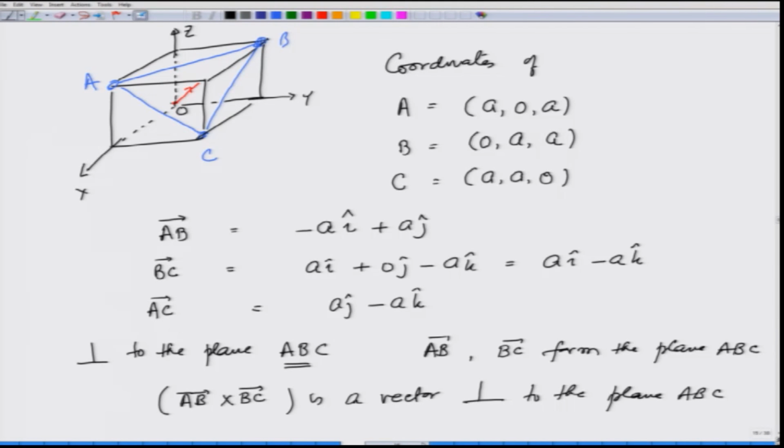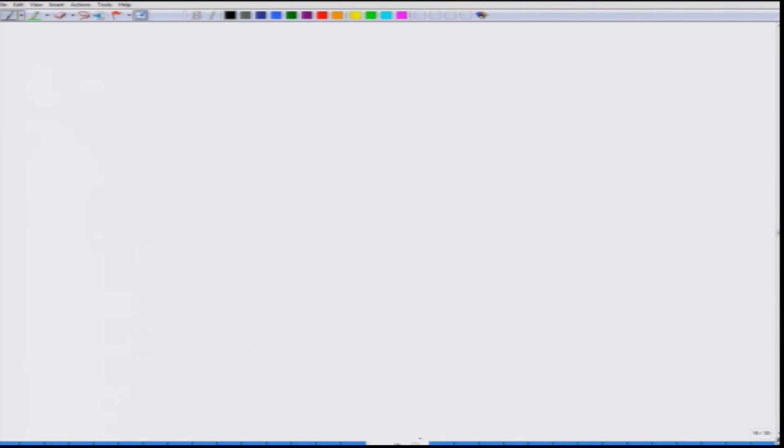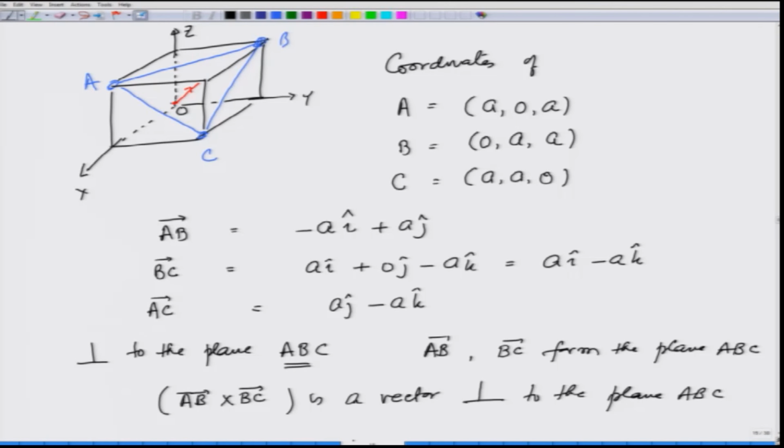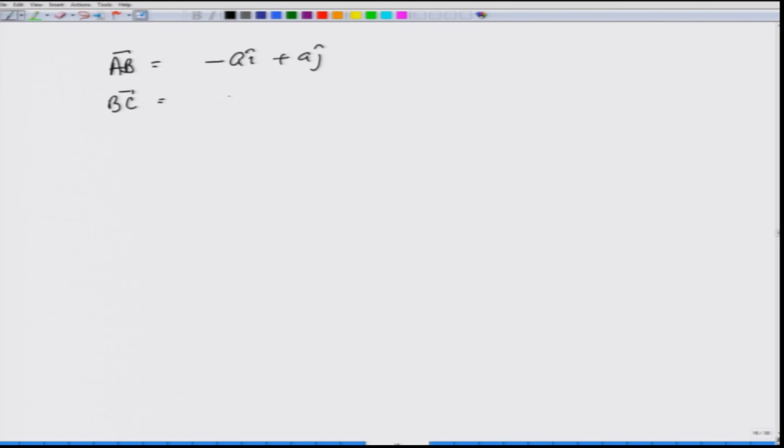So, let us calculate AB cross BC. AB is minus a i plus a j, BC is a i minus a k.